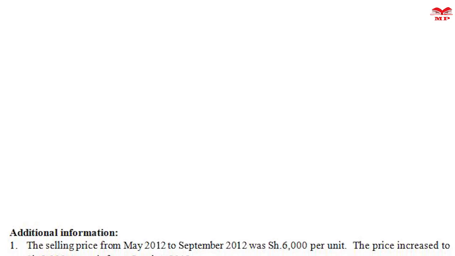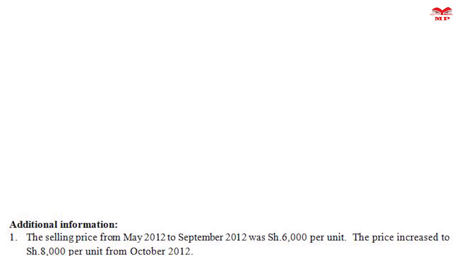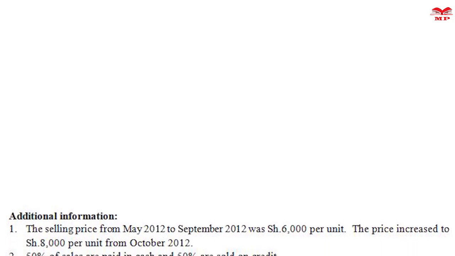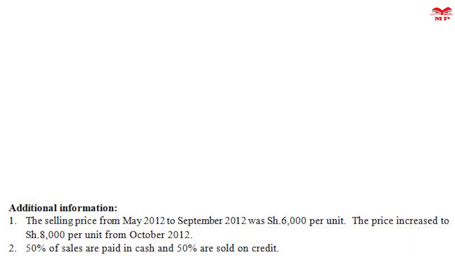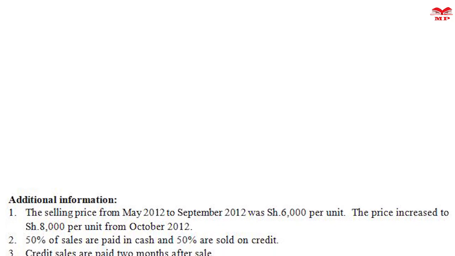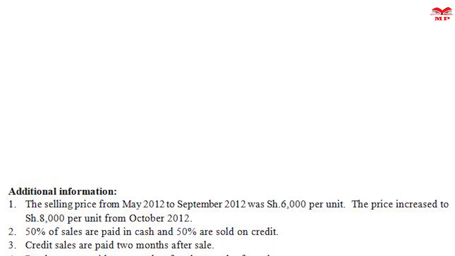Additional information, number 1, the selling price from May 2012 to September 2012 was shillings 6,000 per unit. The price increased to shillings 8,000 per unit from October 2012. Number 2, 50% of sales are paid in cash and 50% are sold on credit. Number 3, credit sales are paid 2 months after sale.